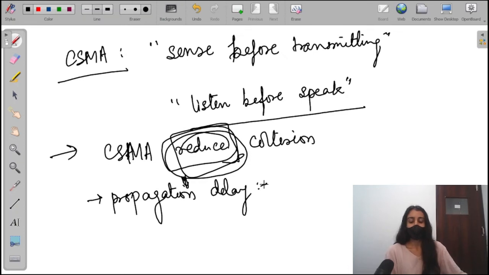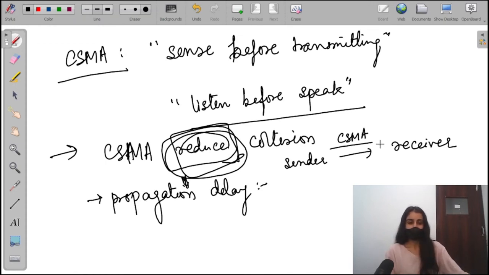So what is propagation delay? When the sender station sends a frame to the receiver station, with CSMA no collision would happen. But even so, when the frame is going to the receiver, the first bit of the frame will take time to reach the receiver.